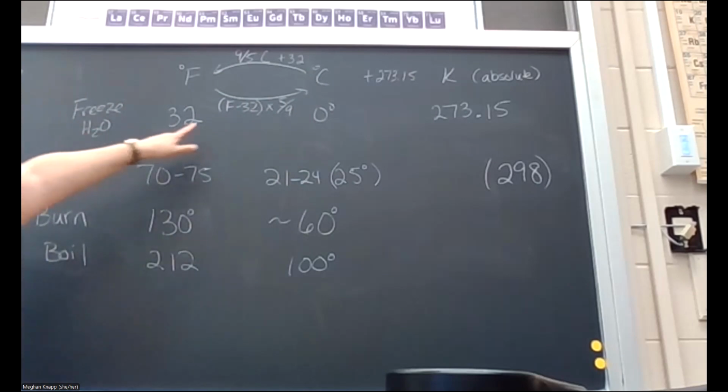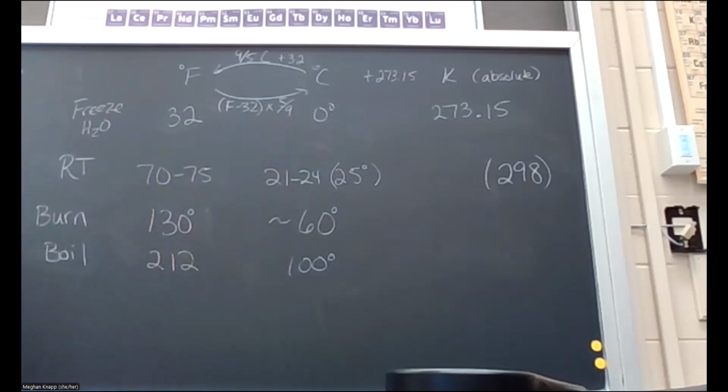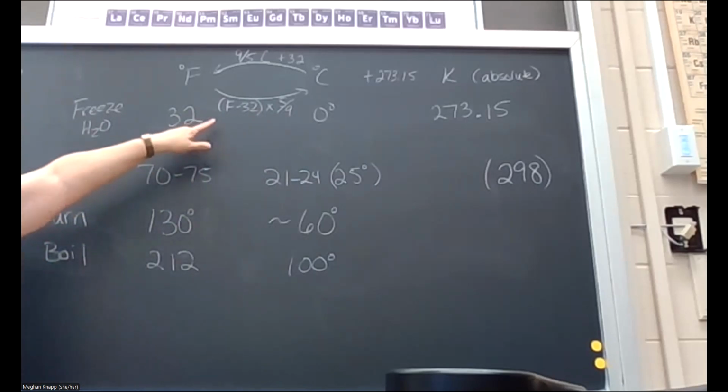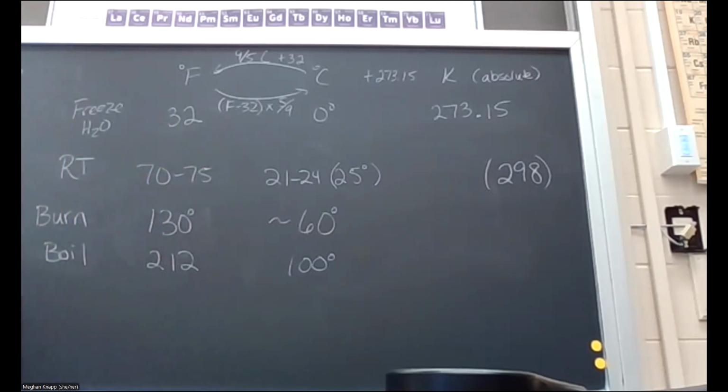You have to subtract off that 32 before you do the 5/9. So let's say I was doing 82 degrees. So subtract off the 32 gives me 50. And then I would take times 5 is 250, divided by 9 is something I can't do in my head.